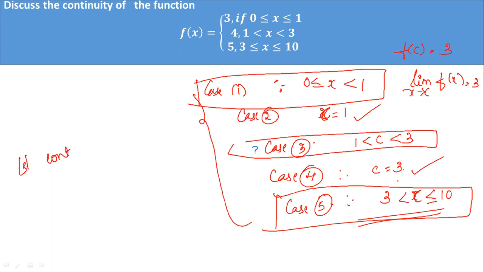This is a very simple homework question. I have told you the answer also, you just have to send me how you got it, whether it is continuous or not. So case 1, case 3, case 5 are continuous, and 2 and 4 are discontinuous.